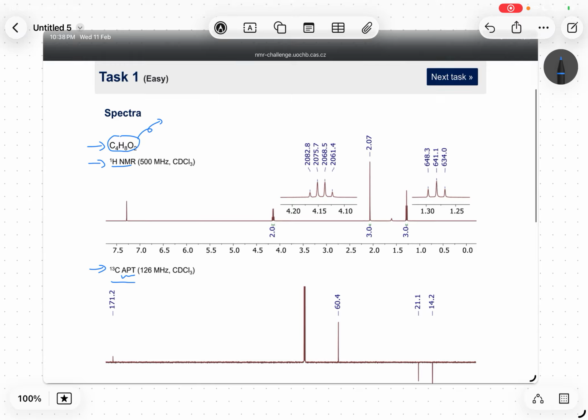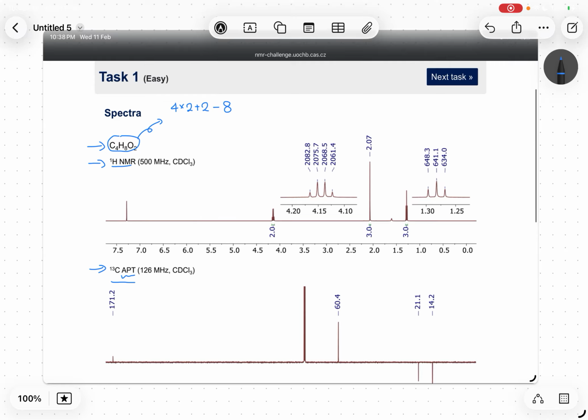I have covered degrees of unsaturation in my inorganic video series, so if you want to take a closer look at that, you can check out my previous videos. So here, to calculate the degrees of unsaturation, we first take the number of carbon, multiply it by 2, then plus 2. This is the number of hydrogen atoms if there are no degrees of unsaturation. Now we subtract the number of hydrogen atoms we have here.